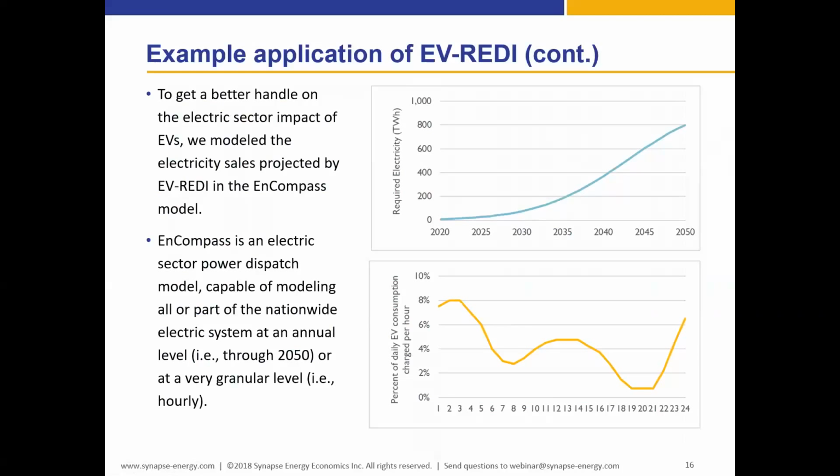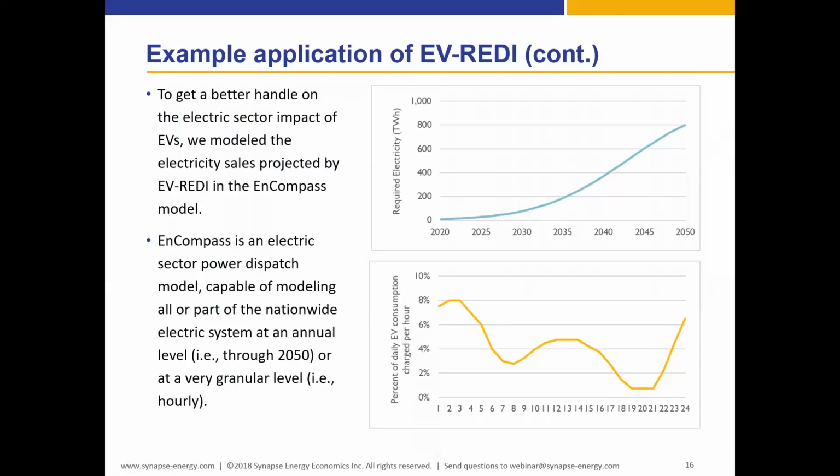So basically, our way of looking at this is we already have a lot of really good models. Encompass is one, MSEM is another, that model electricity changes over time, or projections of changes over time. What we didn't have was a really good model to estimate the impacts of electric vehicles.